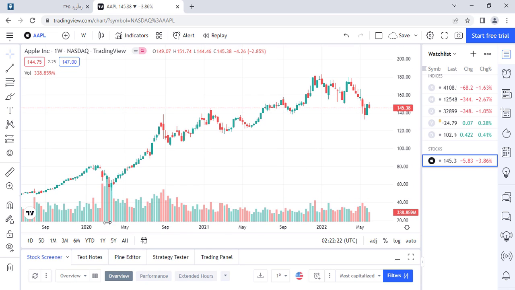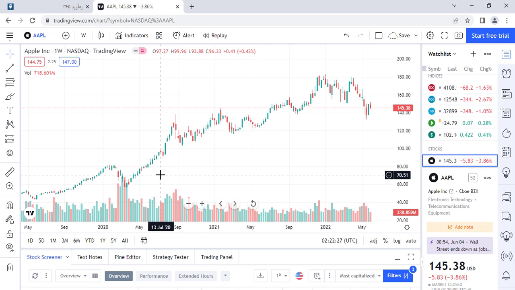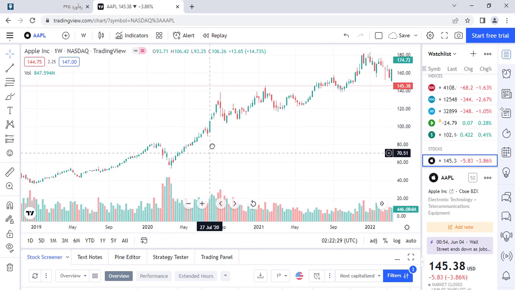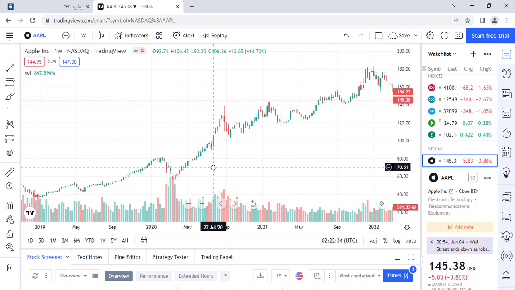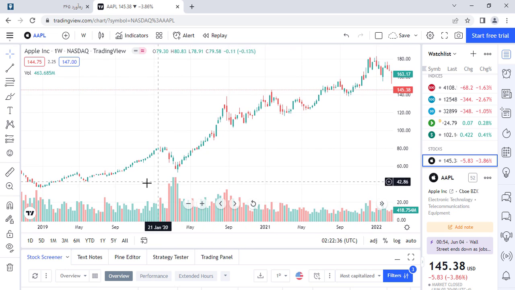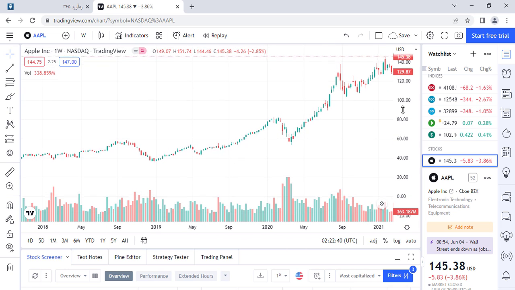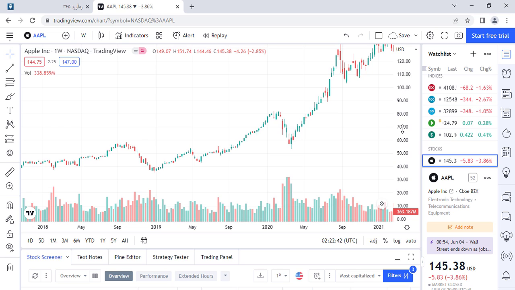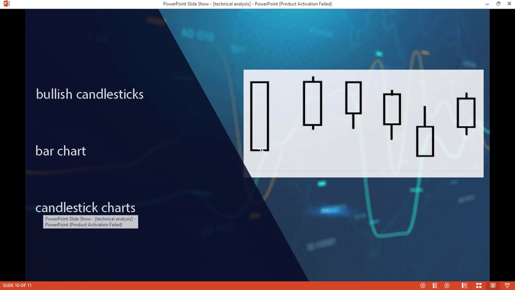Different candles have different power and have different information in themselves, and they give us information about what is the major movement, what is the major opinion of the market, what is going on in the market.